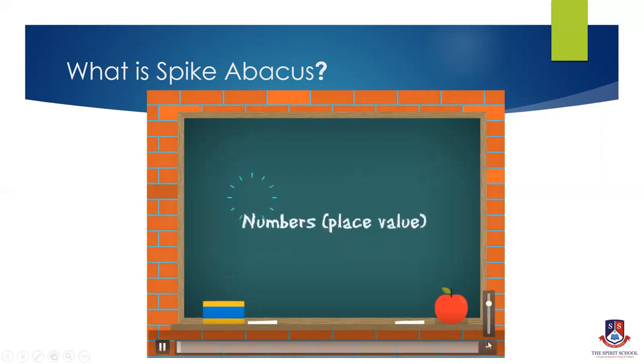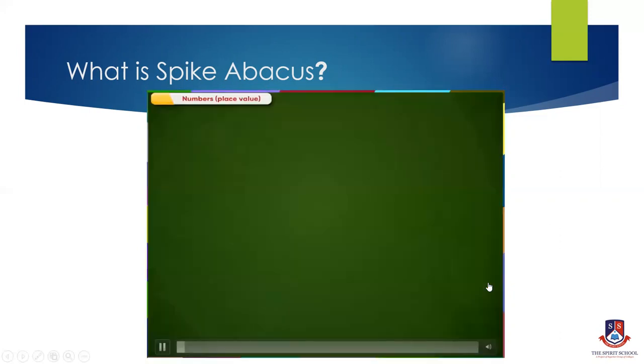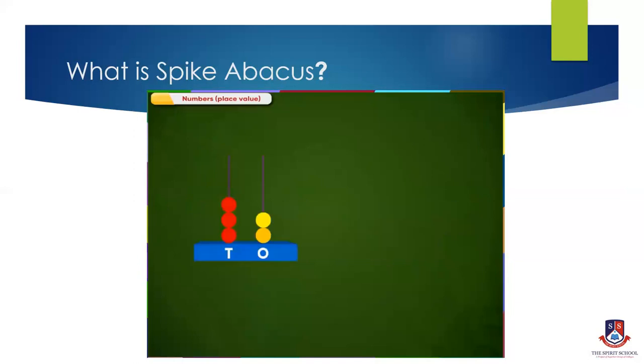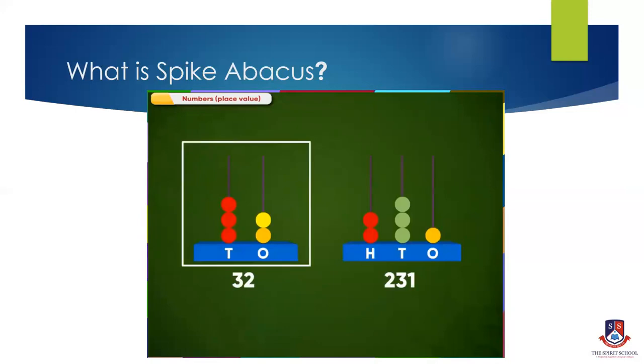Numbers, place value. What is an abacus? Abacus is an instrument with which we can count numbers and understand the place value of each digit in a number. An abacus has spikes depending on the number of digits in a number. To count a 2-digit number, we use a 2-spike abacus.